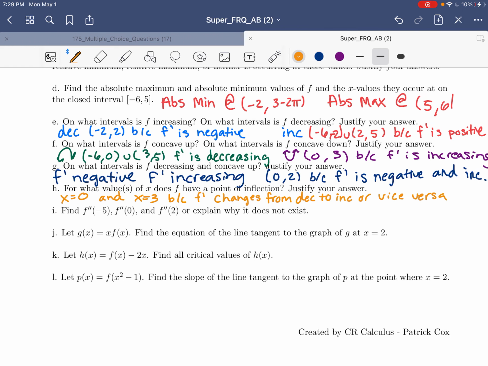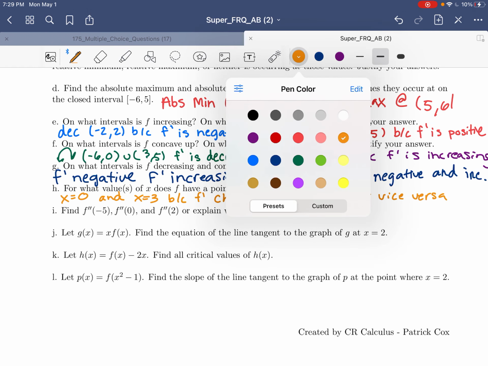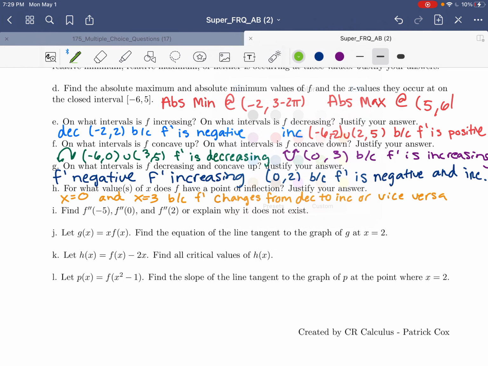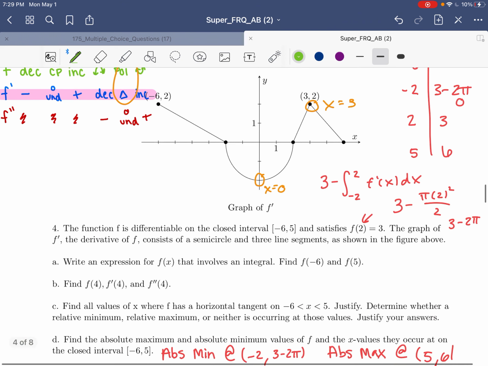All right, we need to find f double prime of negative 5. That's our first thing. So we'll go up to negative 5, and it's right here. Remember, this is f prime, so to find f double prime I need the slope.